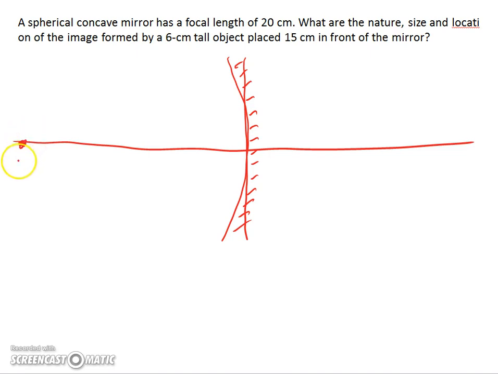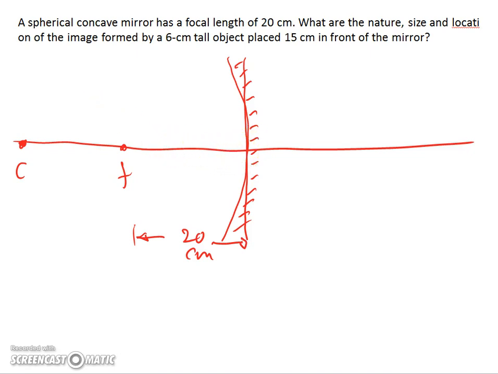I'll indicate my center of curvature and therefore my focus, and we're given the focal length being 20 centimeters. Therefore the radius of curvature is 40 centimeters.